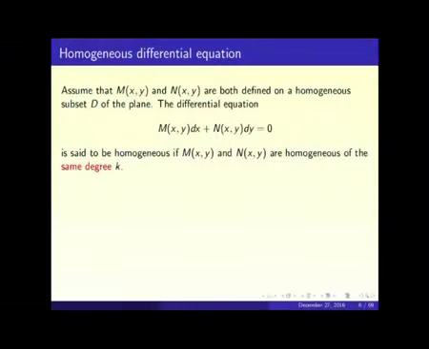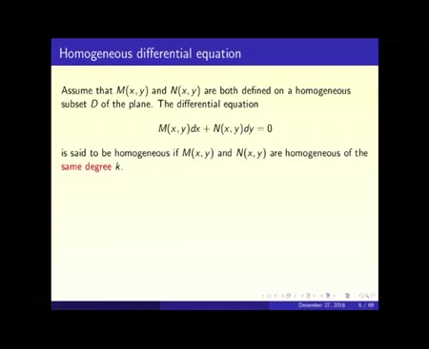Now let us take up the definition of a homogeneous differential equation. Assume that m of xy and n of xy are both defined on a homogeneous subset D of the plane, and m of xy and n of xy are homogeneous of the same degree. If m is homogeneous of degree 2, you want n also to be homogeneous of degree 2.